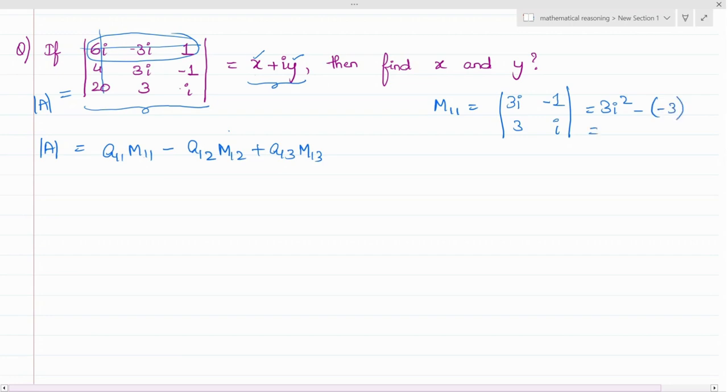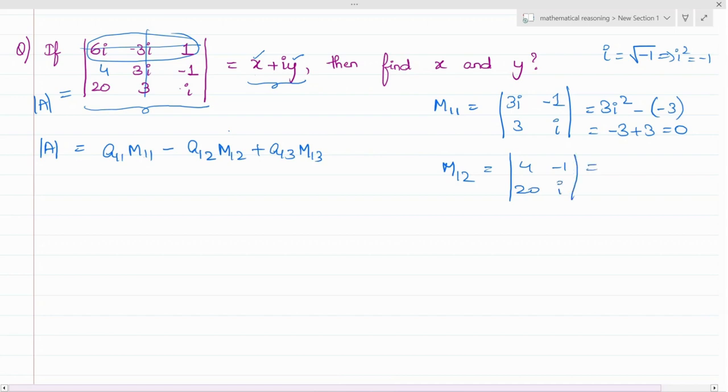Iota square is nothing but, what is the value of iota? That is root of minus 1. Iota square will be minus 1. So 3 into minus 1, minus 3. This is plus 3, which gives you 0. Next, M12. Just eliminate the first row and second column. So the leftover elements are 4, minus 1, 20, and iota.